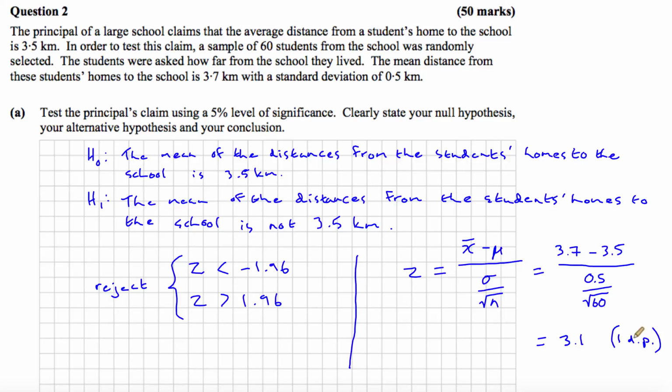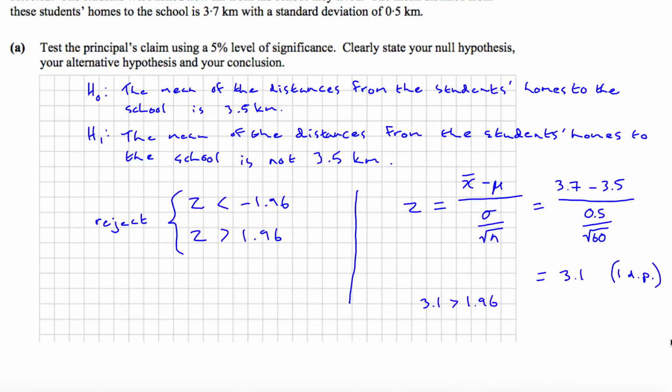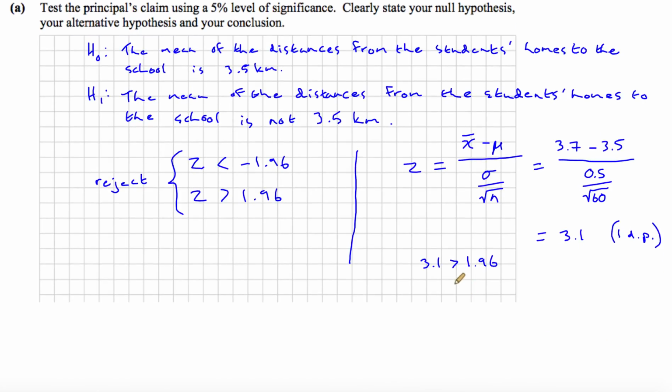That's sufficient for us to tell if it's smaller than this value or greater than this. So because it is, we can say that 3.1 is greater than 1.96. Because of that, we can reject the null hypothesis.